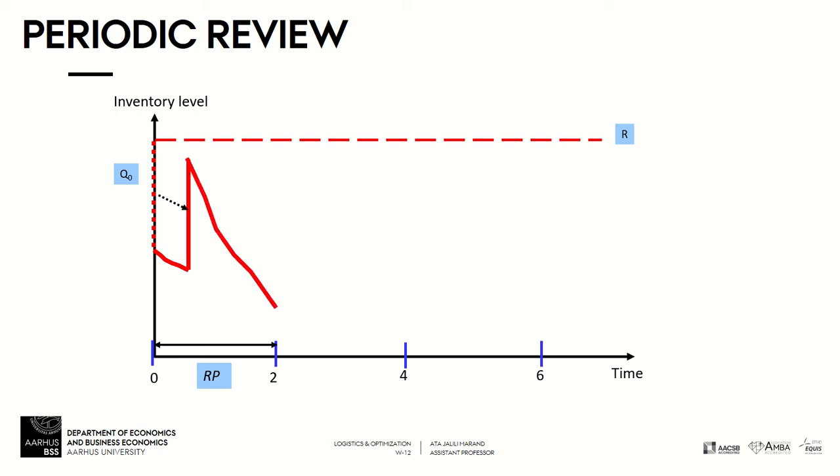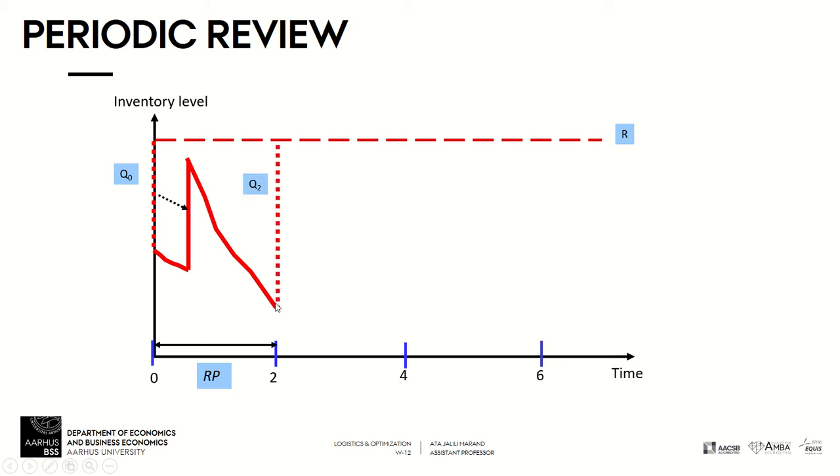Time goes by, the inventory level decreases until week 2. In week 2, I will again review the inventory that I have, and I can see that my current inventory level is less than R. So I will make an order in order to increase the inventory level to R. I will make an order of this size, the difference between R and the current inventory level.